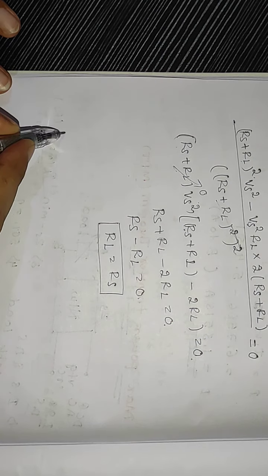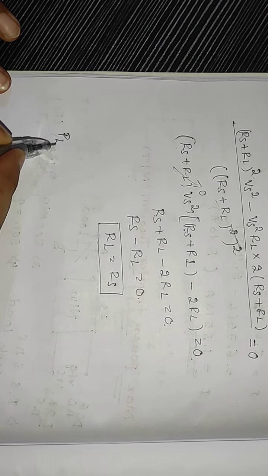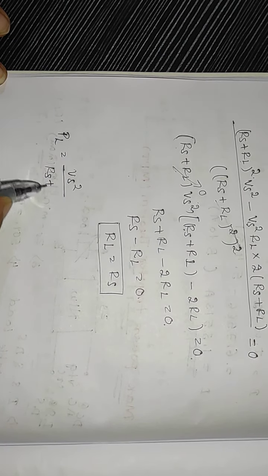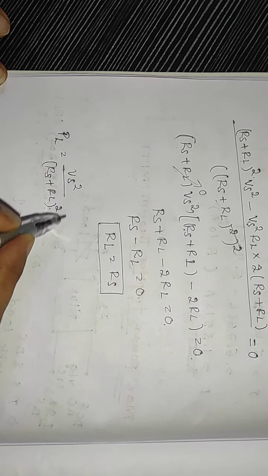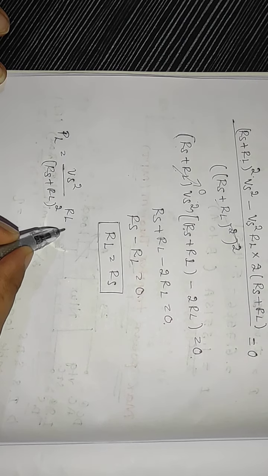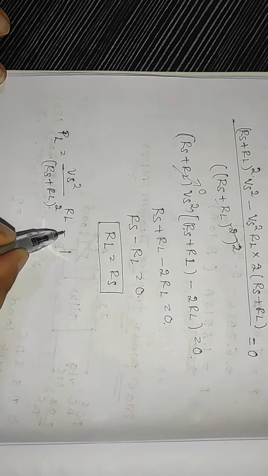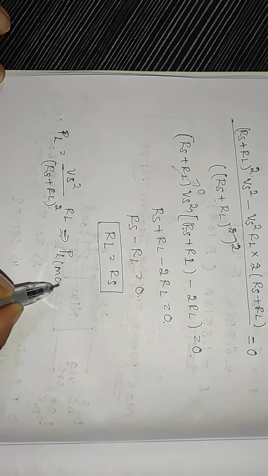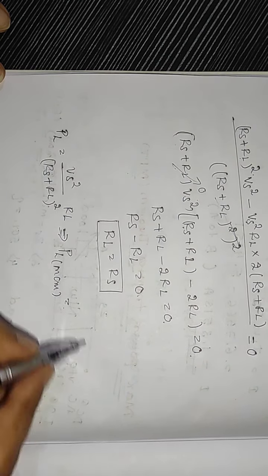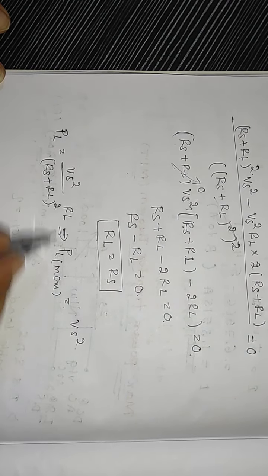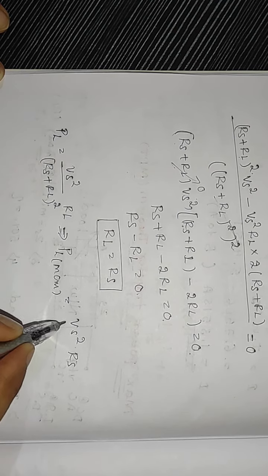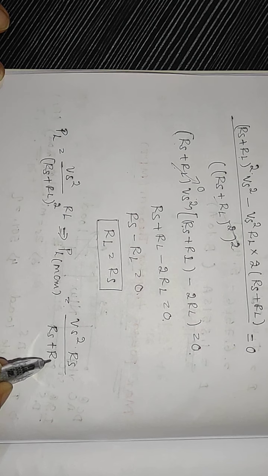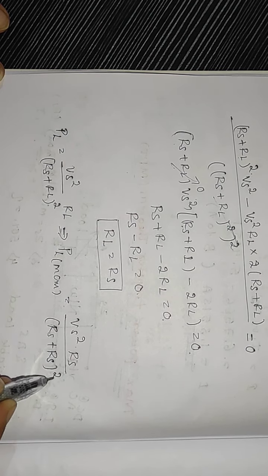In equation 2, PL equals VS square over (RS plus RL) whole square, into RL, right? Substituting here to get the maximum power, PL maximum, that is equal to VS square. Here RL becomes RS, so whole divided by (RS plus RS) whole square.